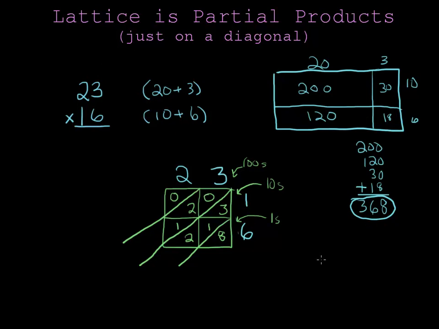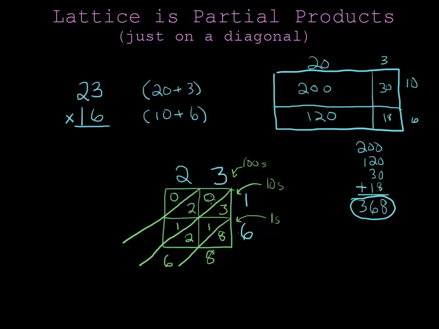Now remember, just like in partial products, to find the answer in lattice, you have to add. And instead of adding down columns, we now add down diagonals. So 8, 3 plus 1 is 4, plus 2 is 6. Notice that we also here have a 3, a 1, and a 2. The same numbers in this diagonal match the numbers in this column.